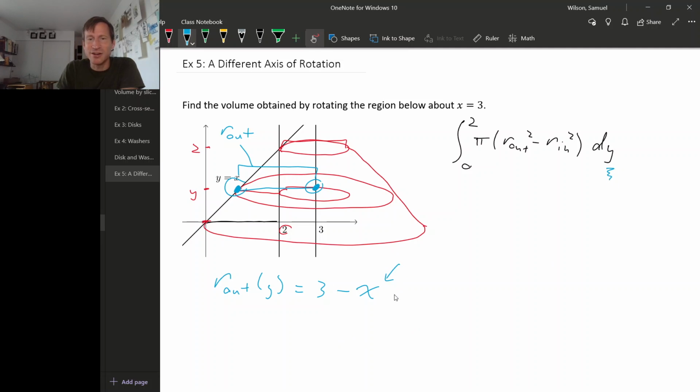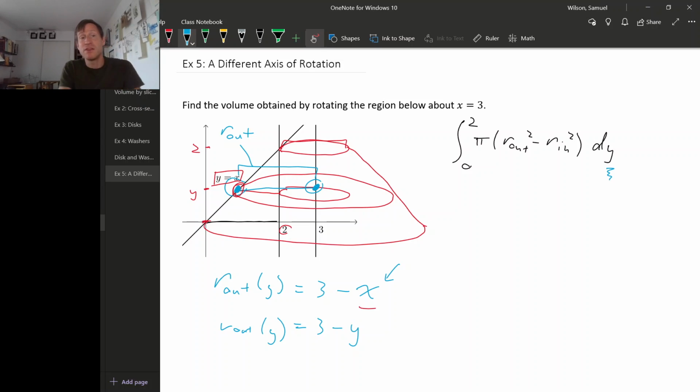So this x here in our expression for the outside radius, we need to translate that into y's somehow. But this x came from this point on the left, and it's on the line y equals x. So on this line, y and x are the same, so we can actually just replace this x with y, because they're equal on this line. So the outside radius function is just 3 minus y.